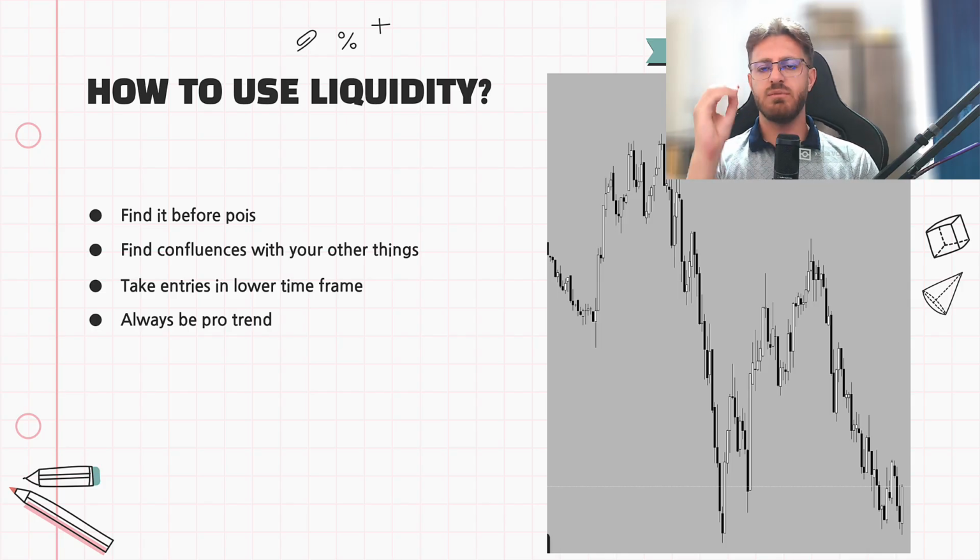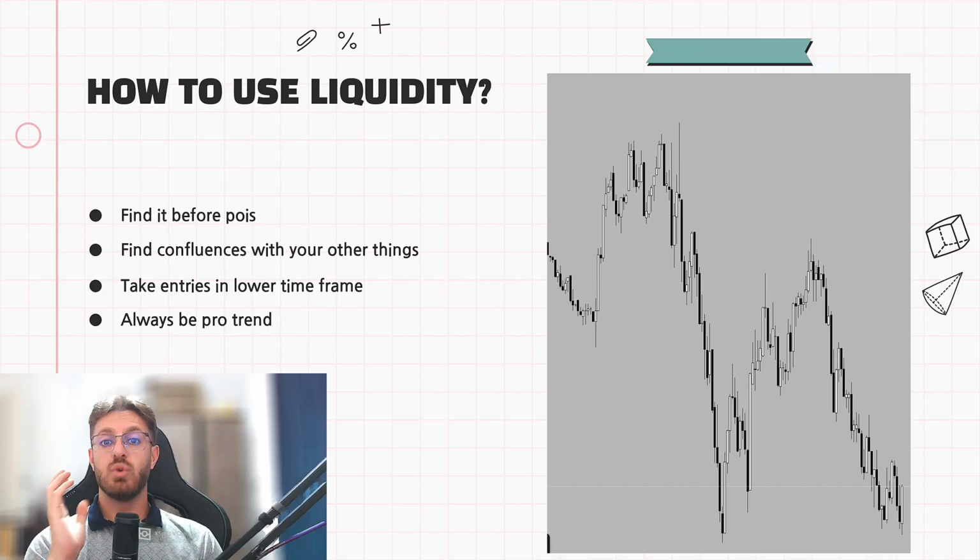And the most important thing that you should learn on day one of your trading journey is to always be pro-trend. Use something that keeps you in the trend direction, and always use liquidity pools, use your POIs and confluences to enter the trade toward the direction of the trend.